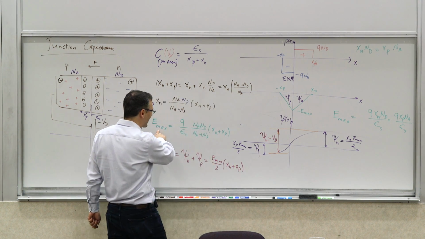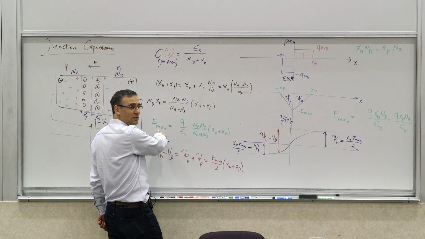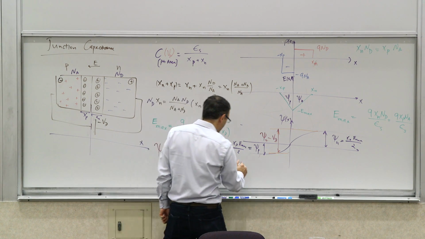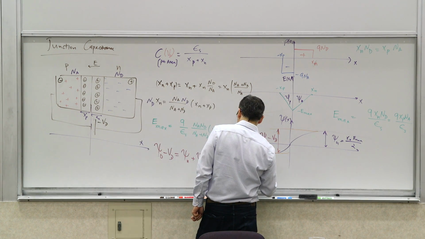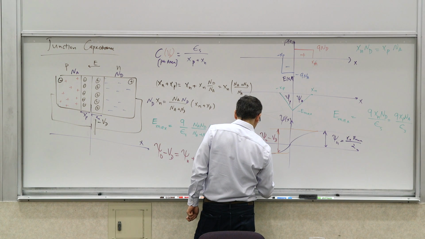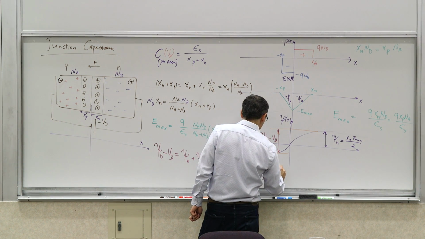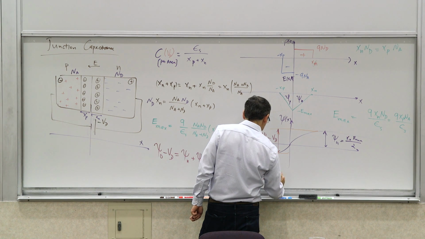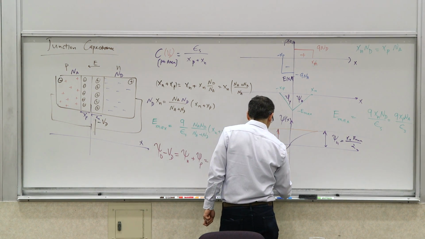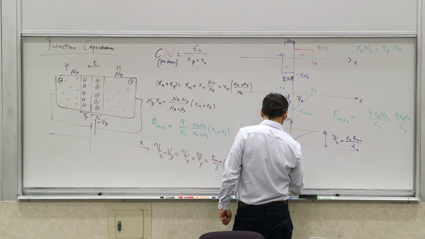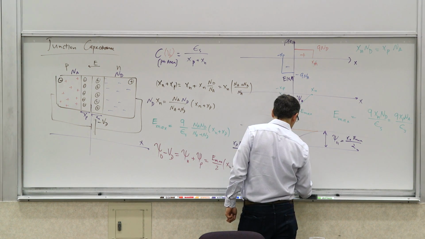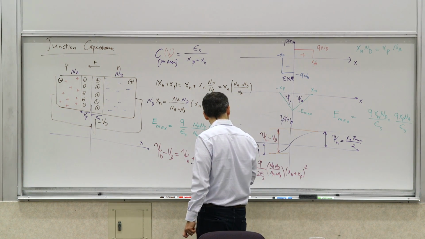But we already know what E max is in terms of the parameters of the design. We will plug that in, so we'll get Q over 2 epsilon silicon, Na Nd over Na plus Nd times xn plus xp squared.